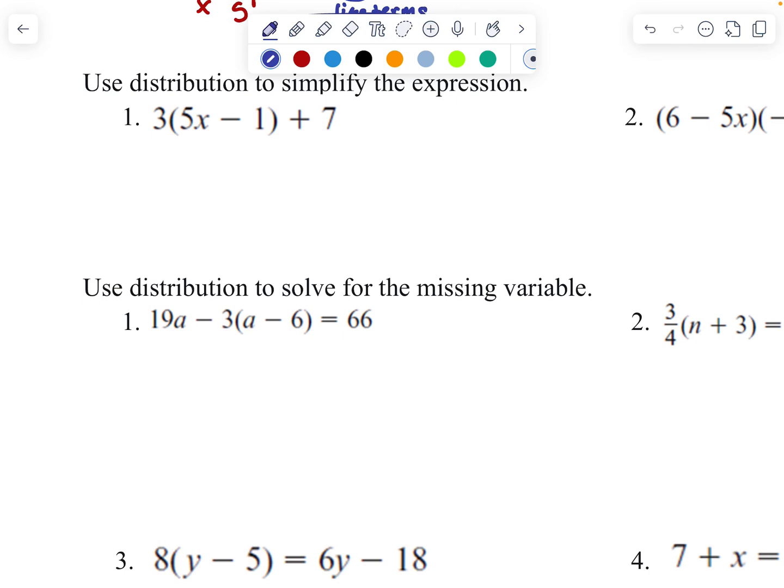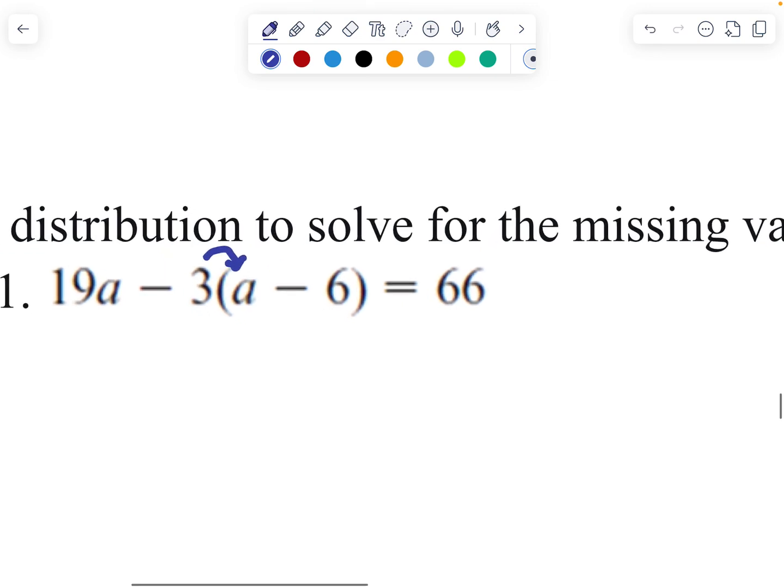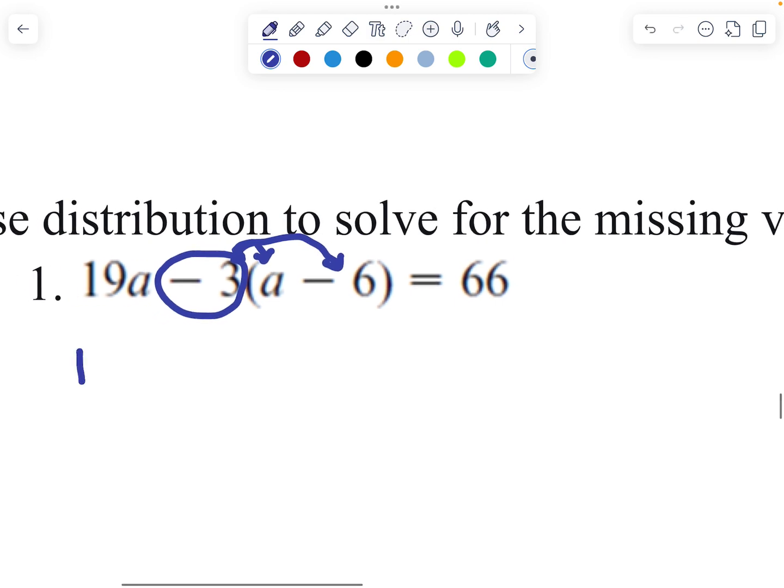If you want extra, sometimes there will be distribution embedded in a problem. I like to start with the distribution. So here I'm distributing a -3. It's -3's birthday. Always pay attention to the sign in front of it. It's included. So this is going to be 19a. -3 times a gets us -3a.